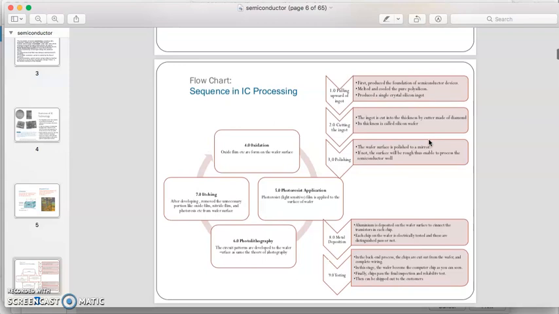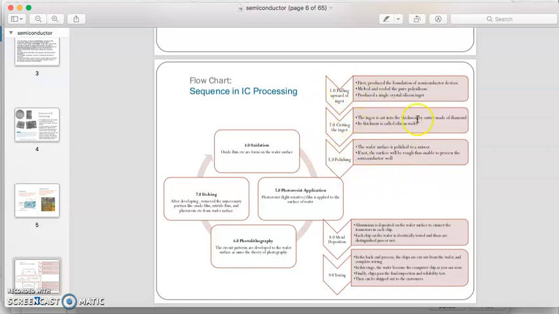Okay, this is the general production process of integrated circuits. As I discussed in the mind map, there are three phases of IC production.